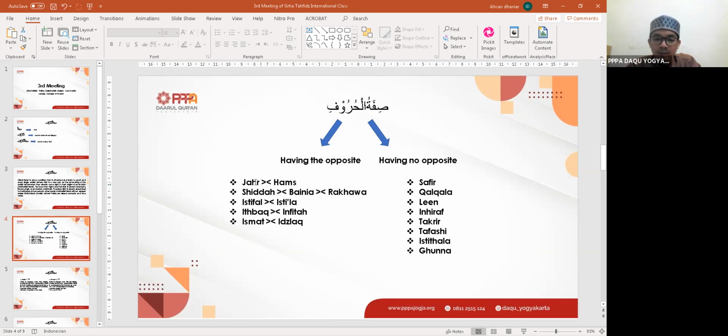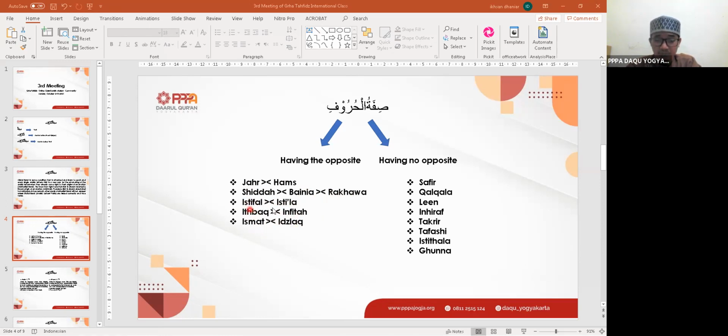So basically the sifatul huruf is 20. Jahar, hamas, shiddah, bainiyah, rakhawa, istifal, isti'la, itbaq, infitah, ismat, izlaq.